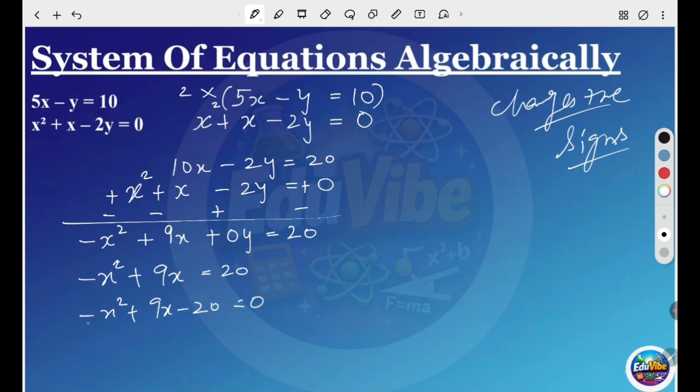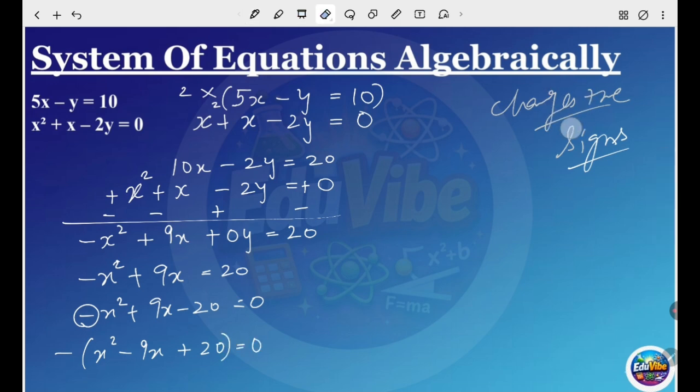Now that minus is not very good in this, so you have to cancel that minus. How can you cancel it? Take minus common from the whole equation, get x square. If minus goes out, you get the minus 9x. If minus goes out, you get the positive 20. This is equal to 0.